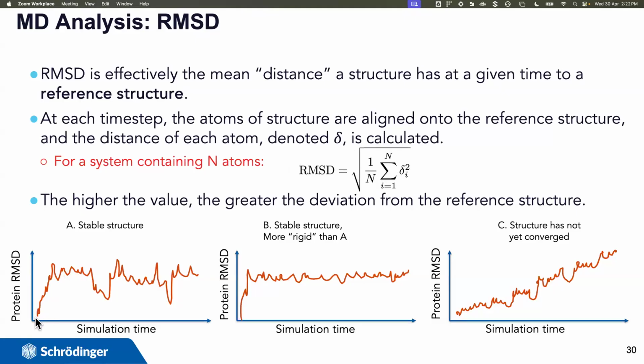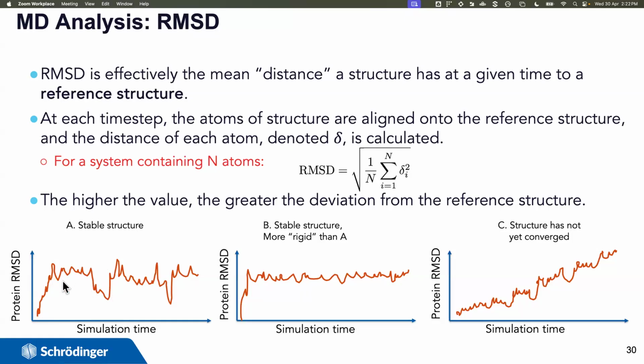Our original structure was from the crystal structure, and then we applied the temperature, pressure, and also had all the ions, and we are trying to see how the system behaves under the influence of temperature, pressure, ions, everything. So it is trying to capture how much our structure is deviating from the initial structure.